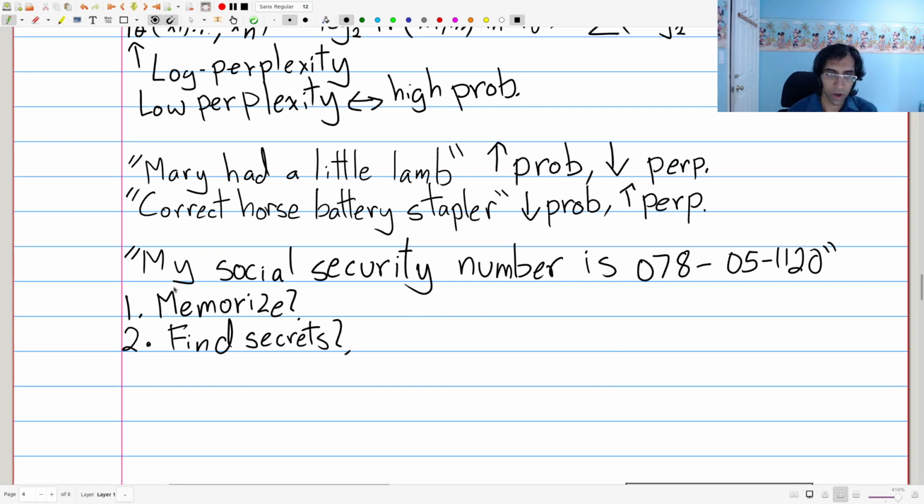For example, what if you took the phrase "my social security number is," the exact same starting, but instead it has a different social security number, 867530900, and it's otherwise the same. Suppose the original one was a low perplexity, and this one was a higher perplexity, then this would give more of an indication that this one is actually in the training data.